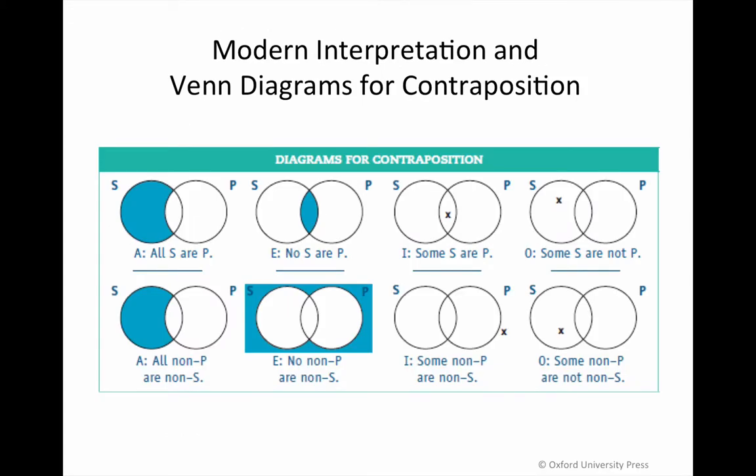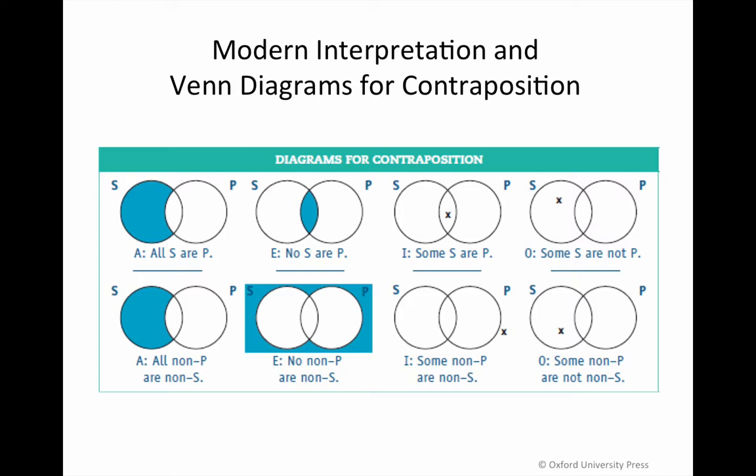Here are the Venn diagrams for contraposition. Now remember I said that contraposition is going to feel to you perhaps a bit counterintuitive. So you start with the standard form claim A, E, I, and O, which you see on the top row.